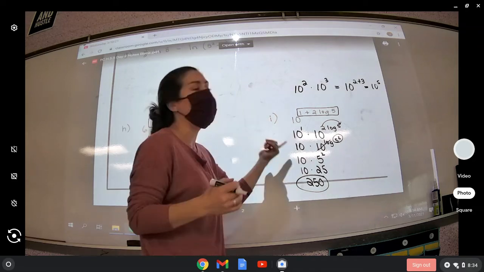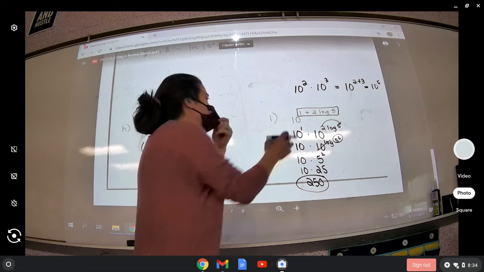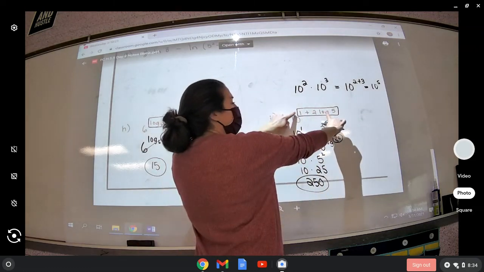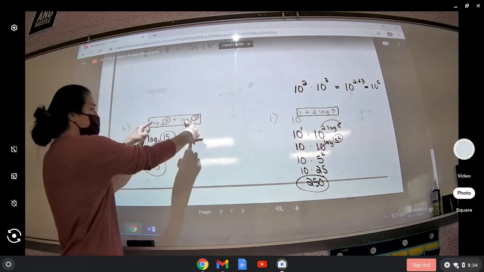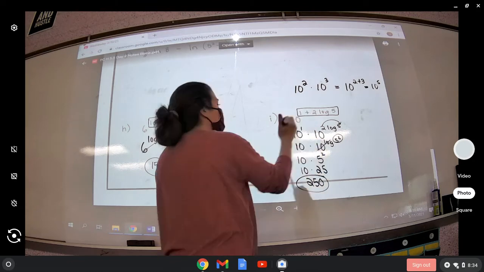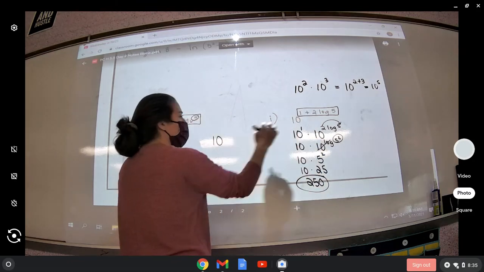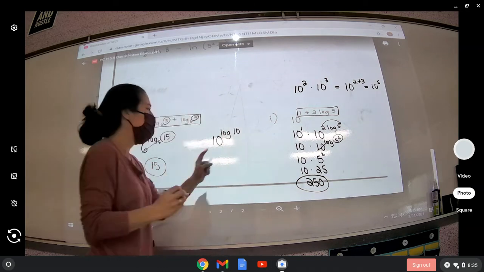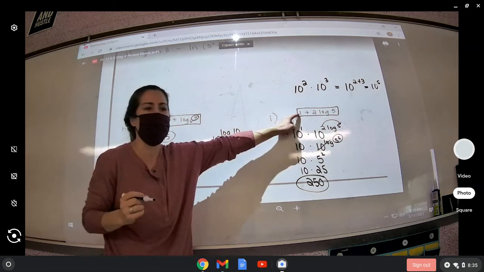All right. Another way you could have done this problem, just while we're here, guys, think about this. If I had two log 10s that were being added together like this one, I could have put them back using multiplication. So guys, if that's 1, you could have rewritten this as 10 to the 1. Guys, isn't that the log of 10? Isn't the log of 10 equal to 1?